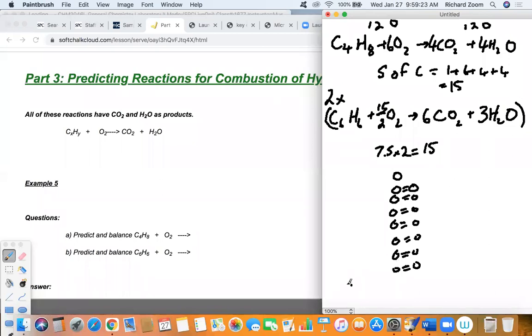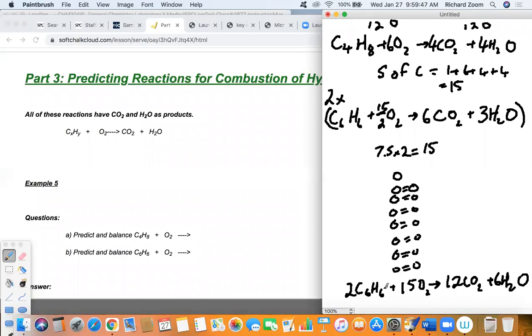And then when we do that, we end up with 2 C6H6 plus 15 O2s gives 12 CO2s plus 6 H2O. And when you balance that out, you'll see we've got the 12 carbons on each side.